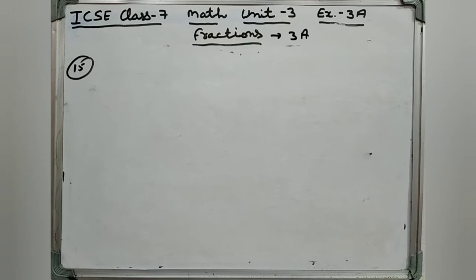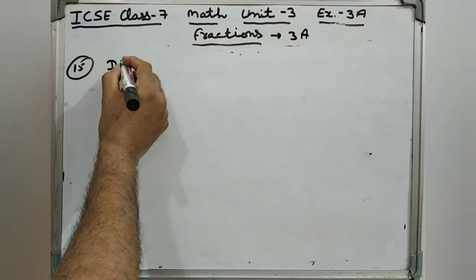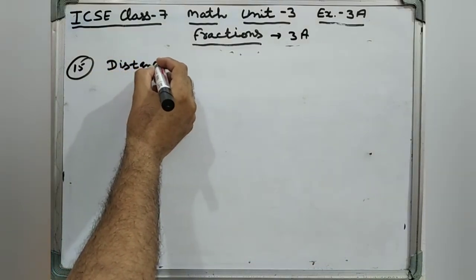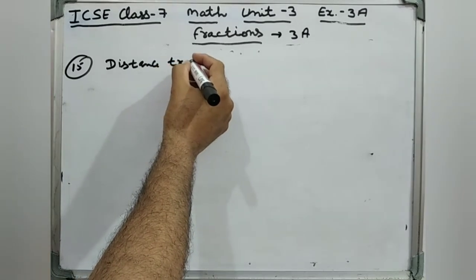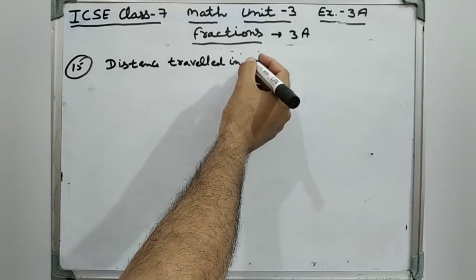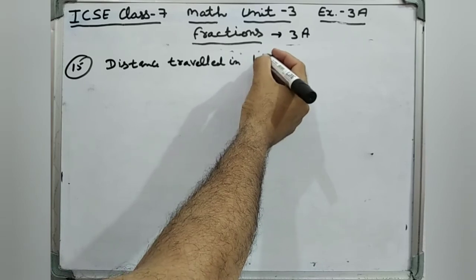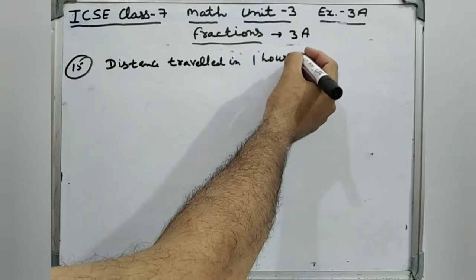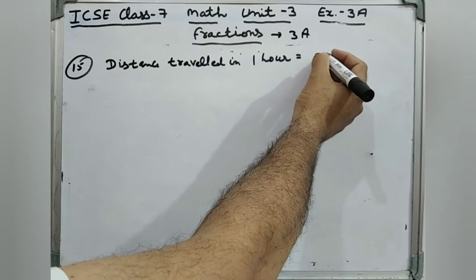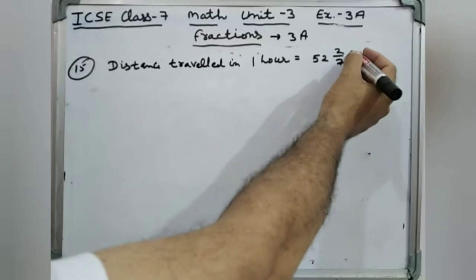Now distance traveled in 1 hour is equal to 52 by 7 kilometers.